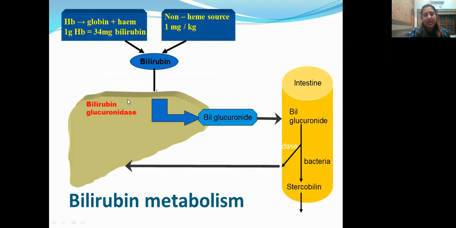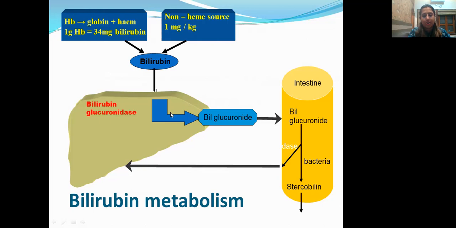And with conjugation, it gets converted into bilirubin monoglucuronides and diglucuronides. This key step of conjugation is carried out by the enzyme UGT, that is uridyl diphosphoglucuronosyl transferase. And this is the key enzyme for conjugation of the unconjugated bilirubin into bilirubin mono and diglucuronides.